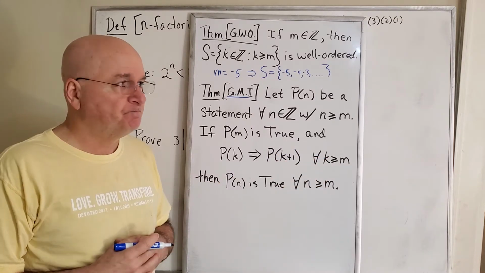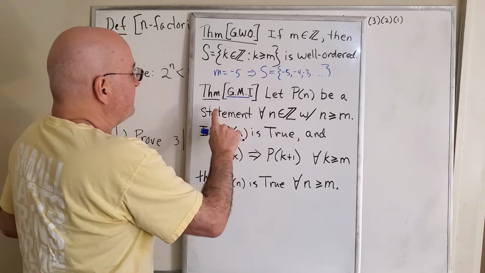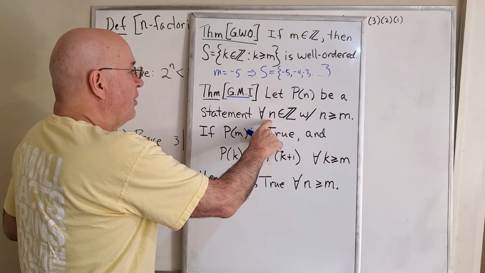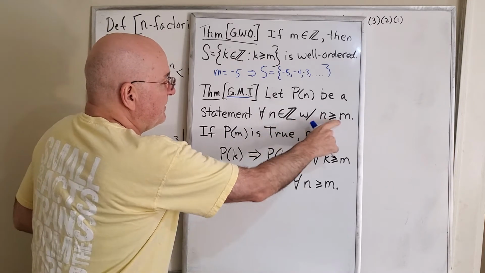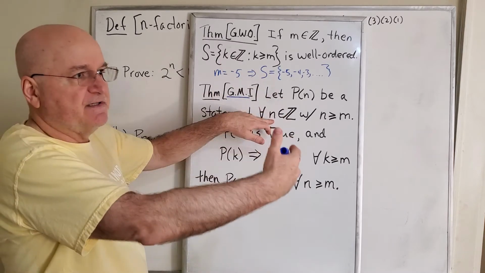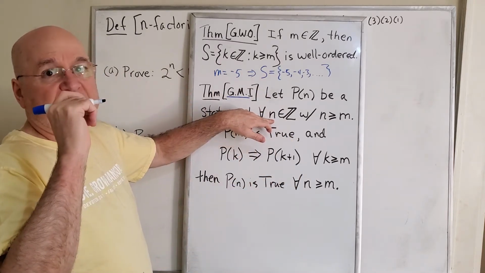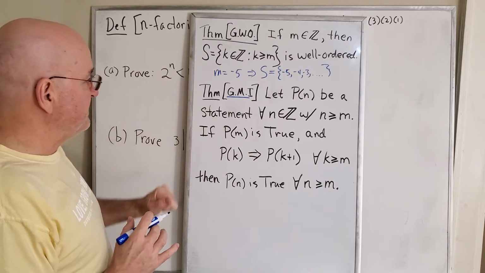they're all true. Well, this one says Pn is now a statement for all integers with n greater than or equal to m. So now this could start in the negatives, or it could start at 10, 5, -8. Okay, that's the statements.